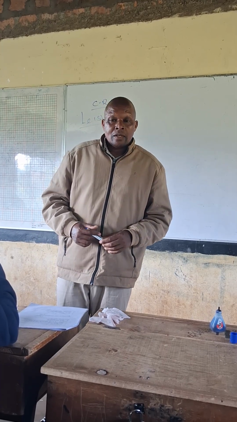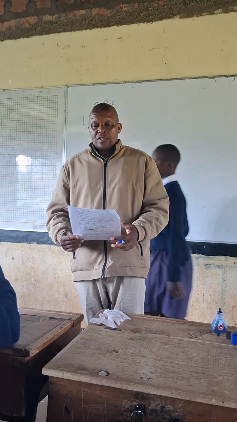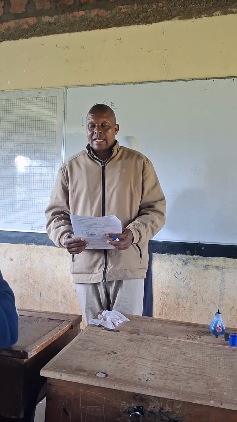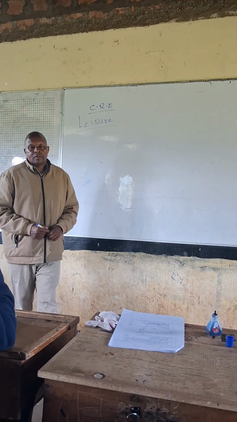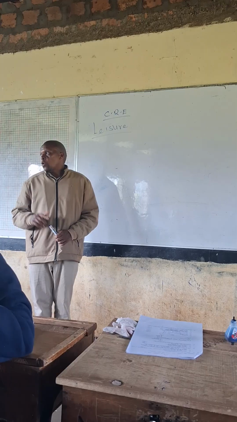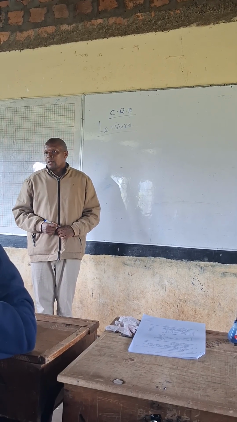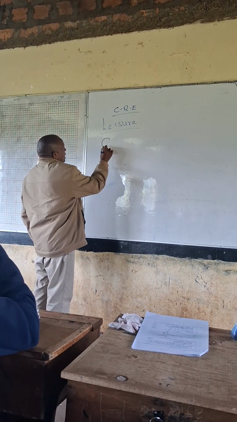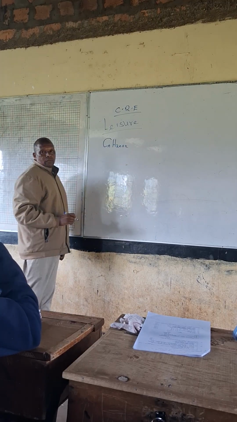And name it. Now the question is, draw the structure of the third member of the alkane homologous series and name it. Now alkanes are hydrocarbons which are made up of only single covalent bonds, and they have the following general formula: CnH2n plus 2.